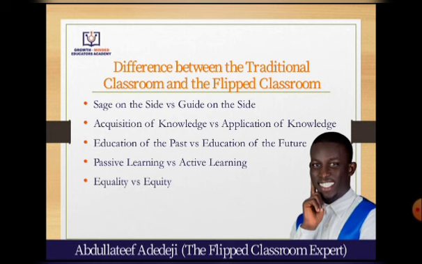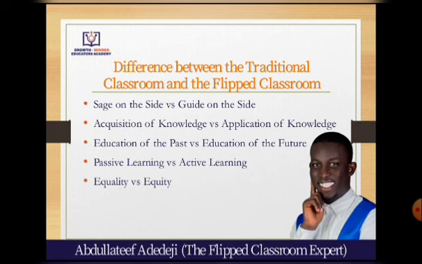Okay, and how does this apply to teaching and learning? We realize, and by now as a teacher you should know already, that your students don't learn at the same pace. Your students don't learn at the same time. Your students are very different. But the problem is, in the traditional classroom, we teach students from different backgrounds with different prior knowledge, many things unique about them, the same thing at the same time.